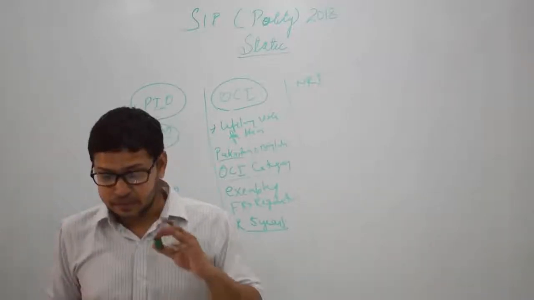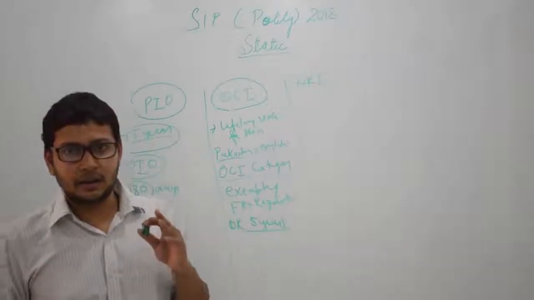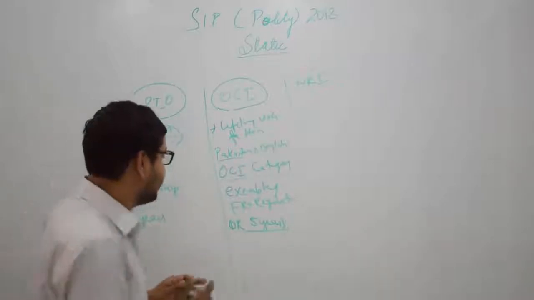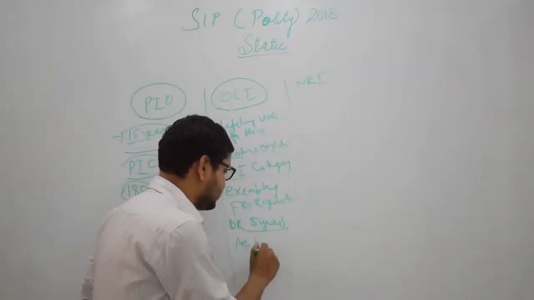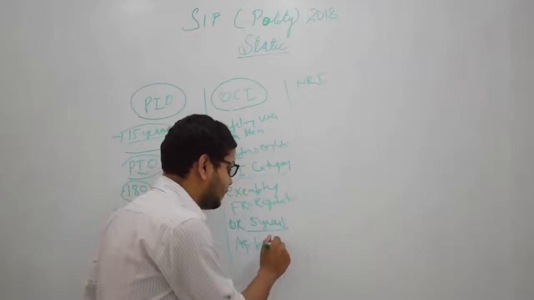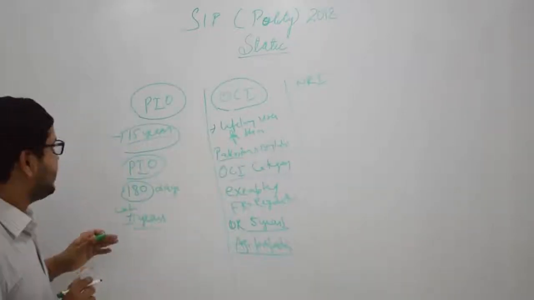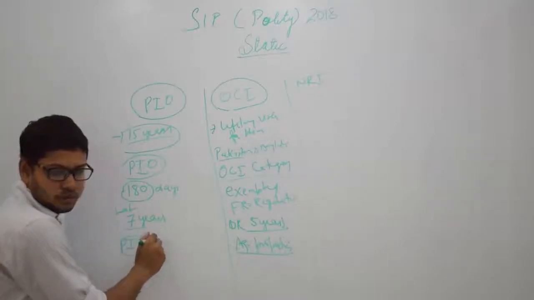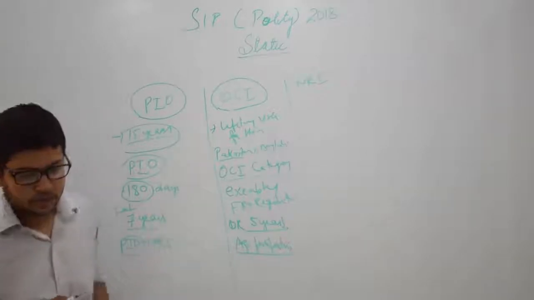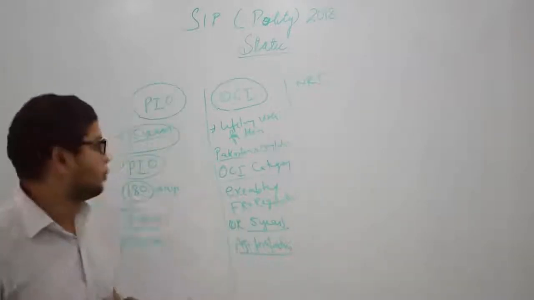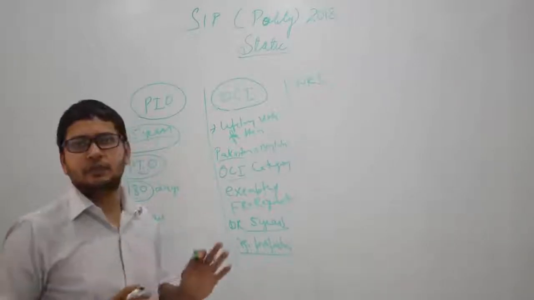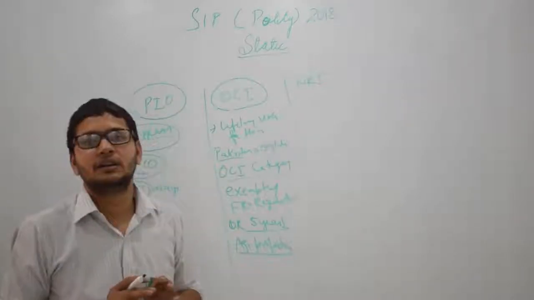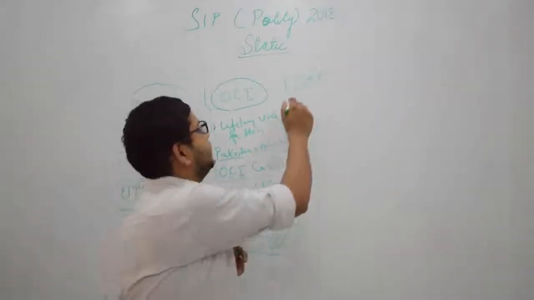Also, OCI people in India can acquire property and invest everywhere except agricultural properties. So they cannot buy agricultural farmland in India. PIO holders also get all the other facilities which are given to NRIs, right? So in 2016 they merged the scheme. Now a person with PIO could apply for an OCI card.